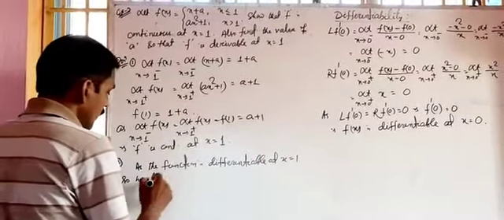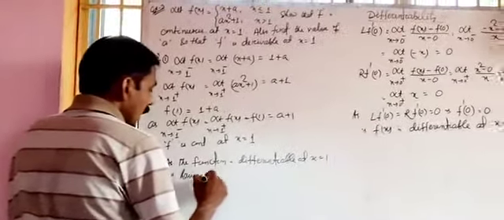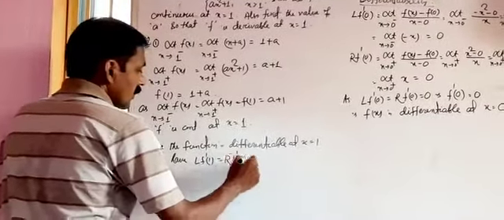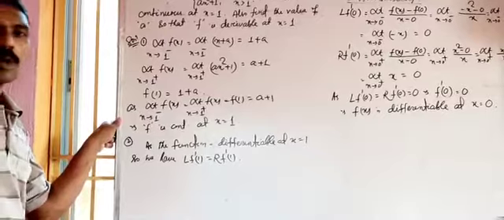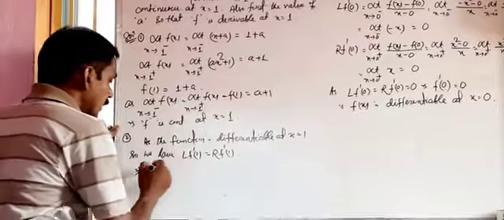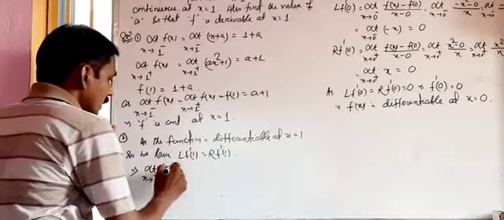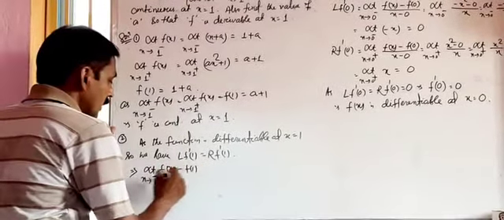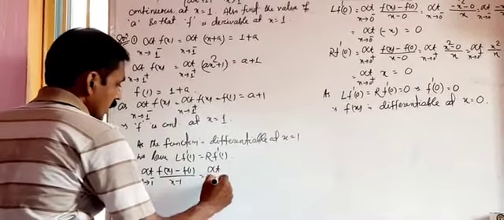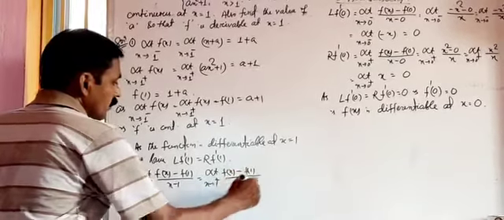So we have L f dash of 1 must be equal to R f dash of 1. Left hand derivative, right hand derivative. This implies L f dash of 1 is limit x tends to 1 minus f of x minus f of 1 by x minus 1, equal to limit x tends to 1 plus f of x minus f of 1 by x minus 1.